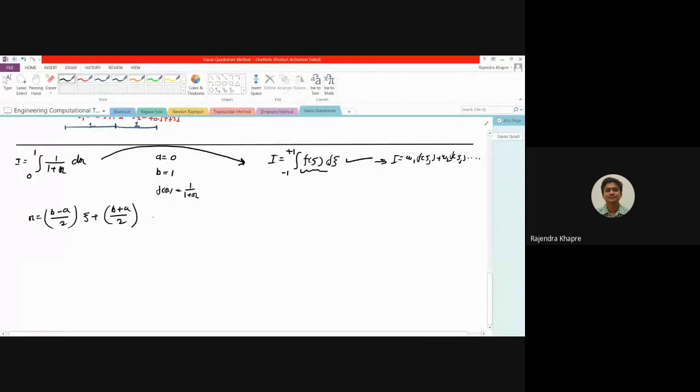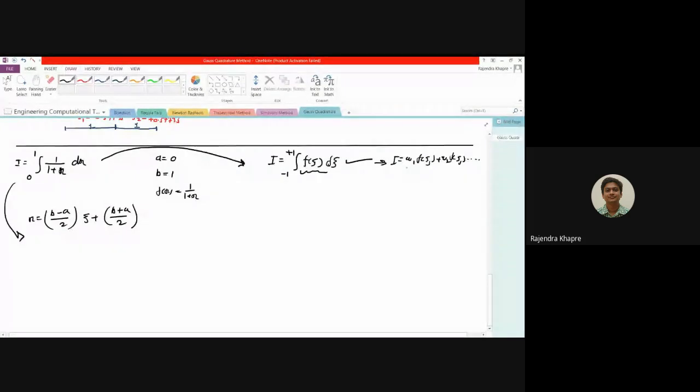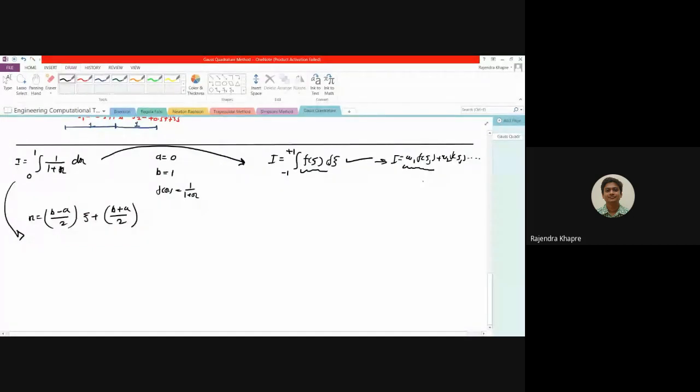So this is the solution by which you can establish the relationship between xi and x. Okay, so let us try to solve this problem using the Gauss quadrature method now. Since in the Gauss quadrature method we already know the solution, w1 into xi1 plus w2 into xi2 if we are using two integration points.